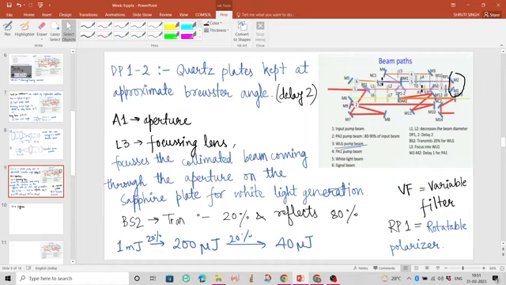The red one is the pump light. So M3 and M4 make the pump light collinear with the white light, and then they hit the crystal NC1, which generates the signal. After coming out of the nonlinear crystal, the pump light is blocked, and we move along with the signal.